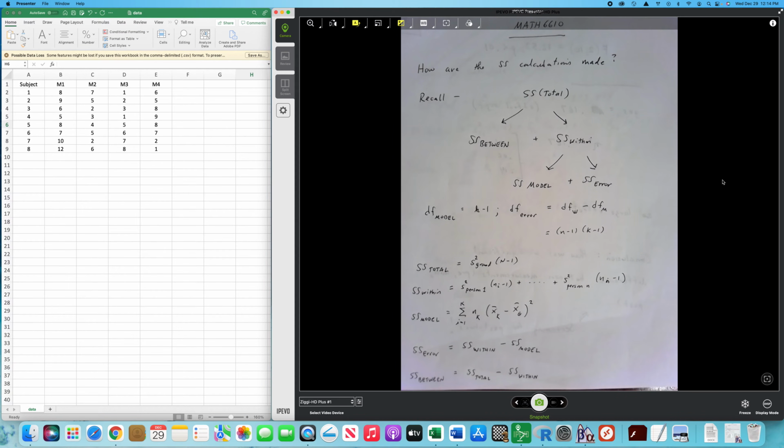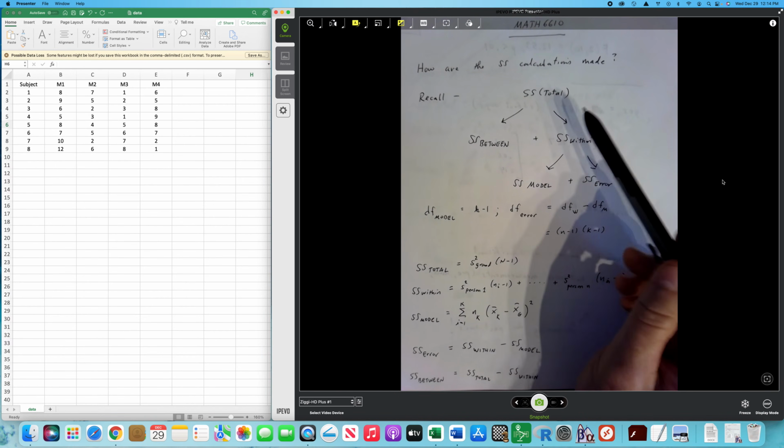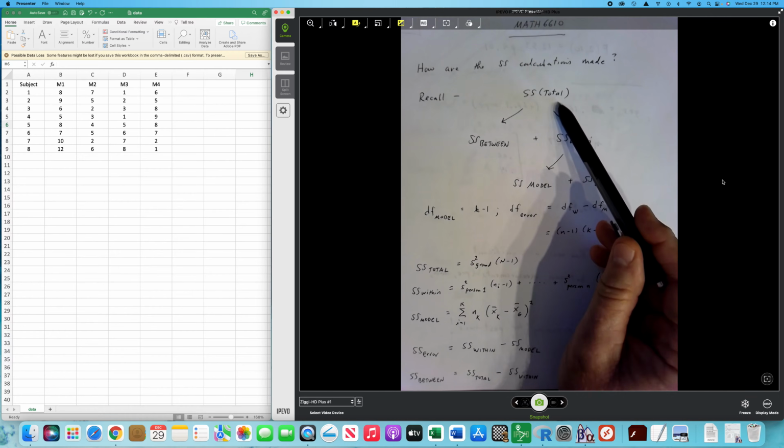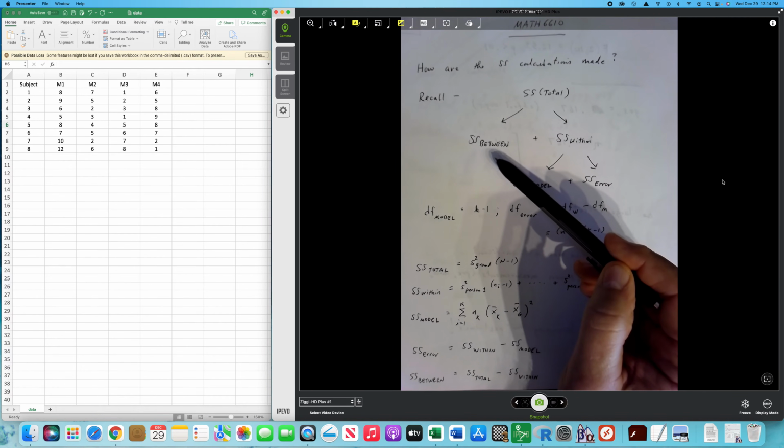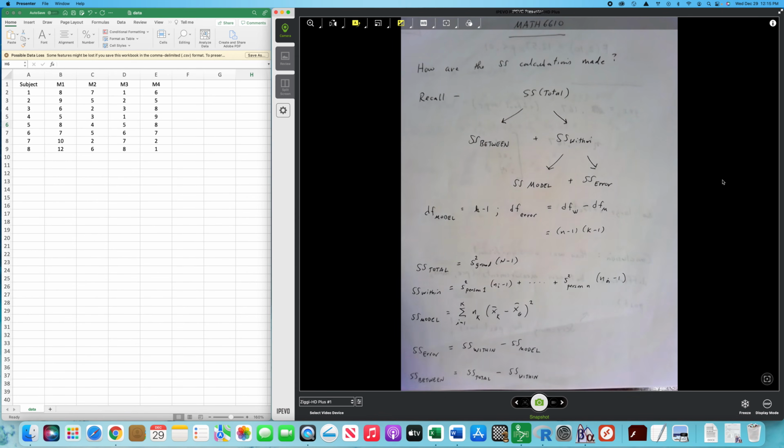Now, if you remember, the sum of squares calculation for repeated measures is we still have the total sum of squares partitioned out for the sum of squares between plus the sum of squares, easy for you to say, right, within.